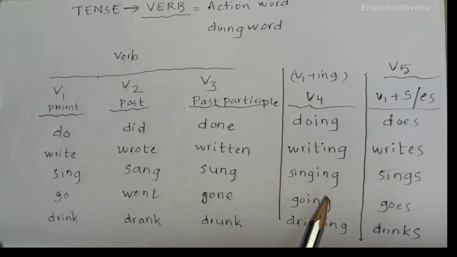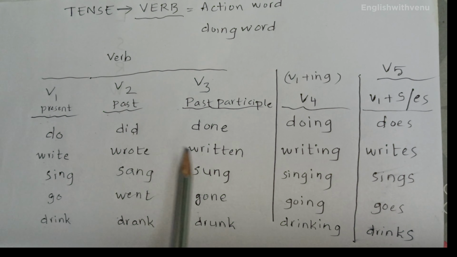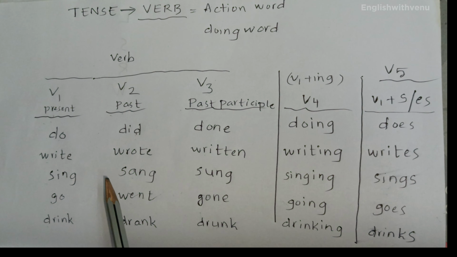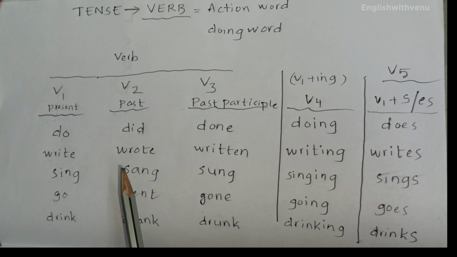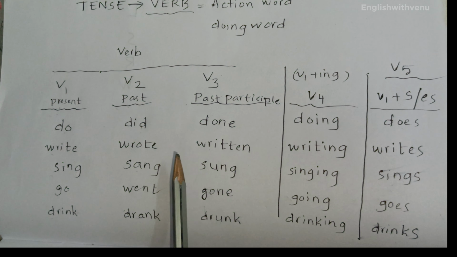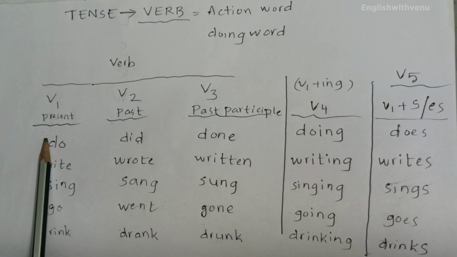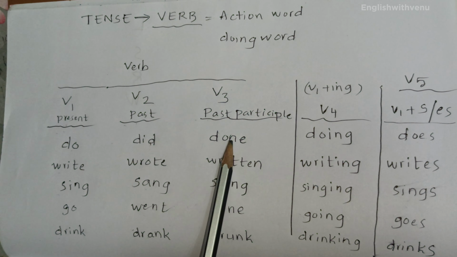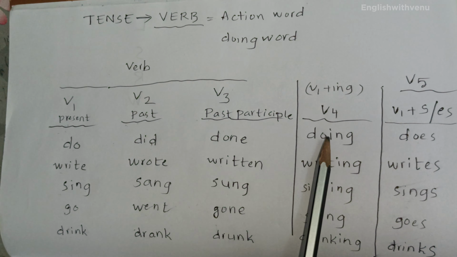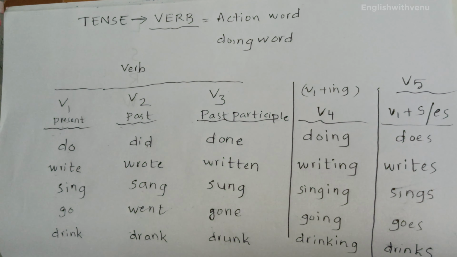And these forms are used in different tenses. When we get perfected in these 5 forms, we can use these forms in main tenses and also in subtenses. So, present form of the verb, past form of the verb, past participle form of the verb, present participle, and fifth form of the verb.